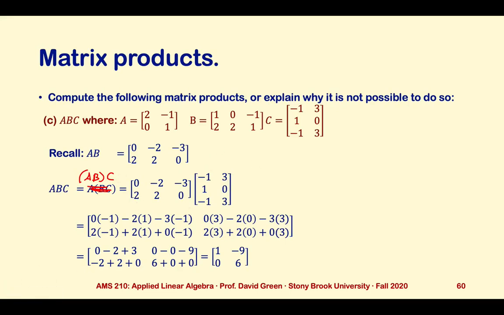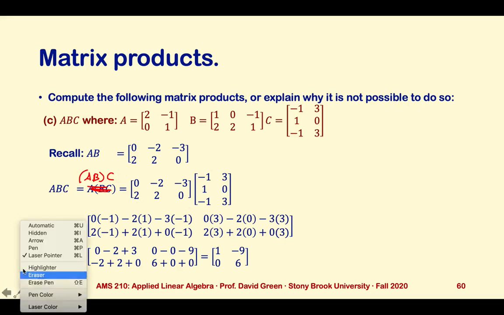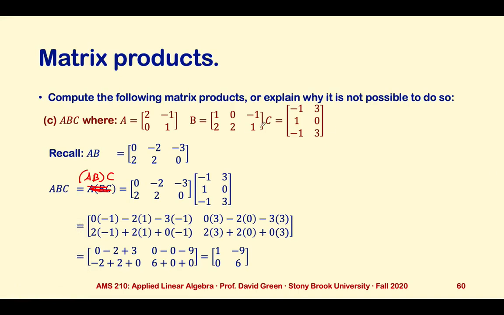Quick double check that the dimensions work out. We see that AB is a 2-row by 3-column matrix. C is a 3-row by 2-column matrix.